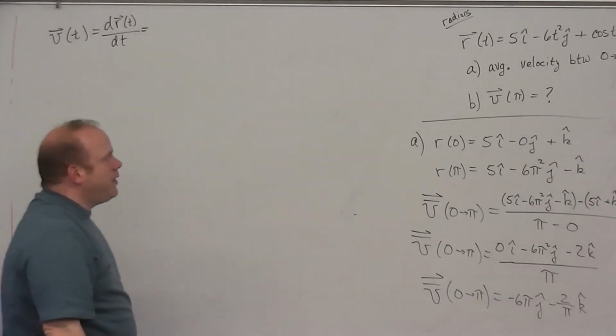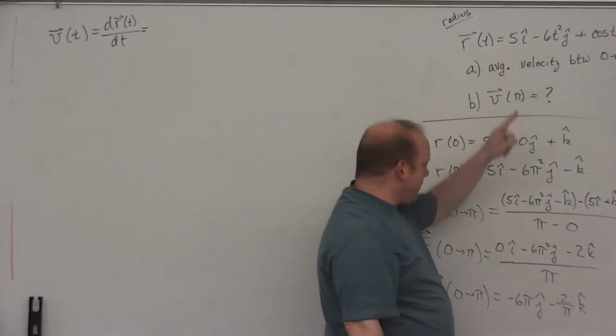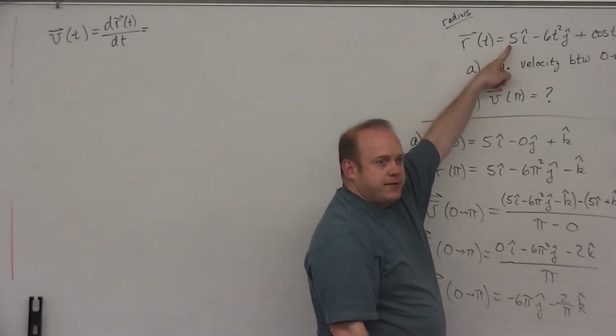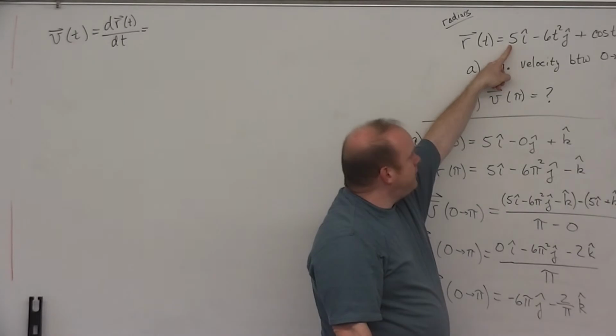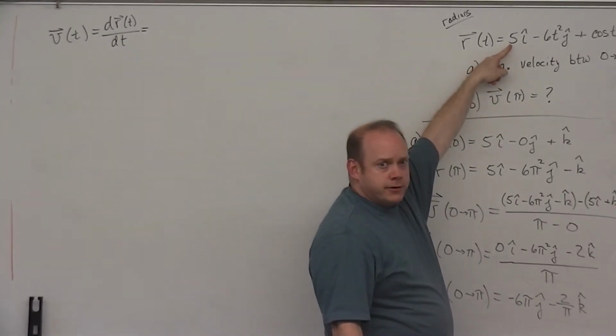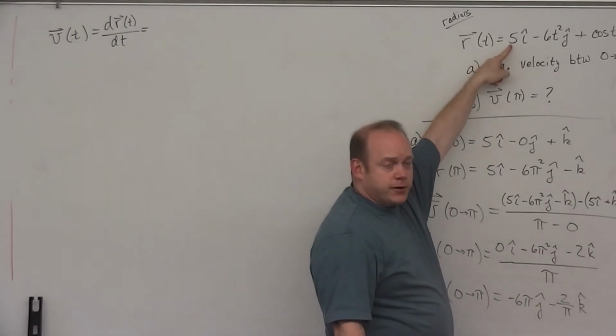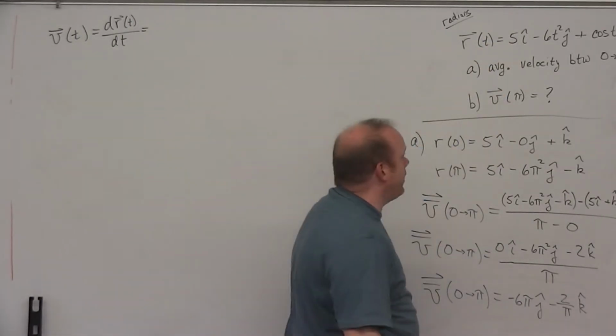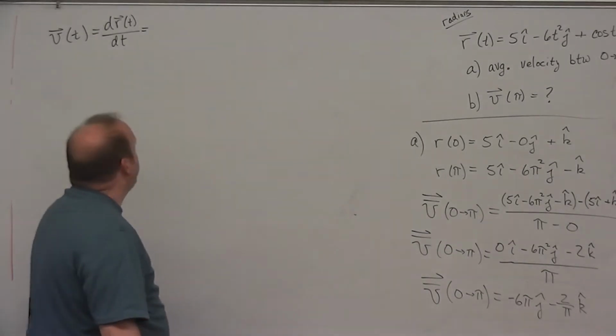Now the derivative, and by the way, I should point out that we have a constant 5 here. That means that it stays at 5. There is no change, so your velocity in the x direction is 0. It stays at 5 the whole time in the x direction.